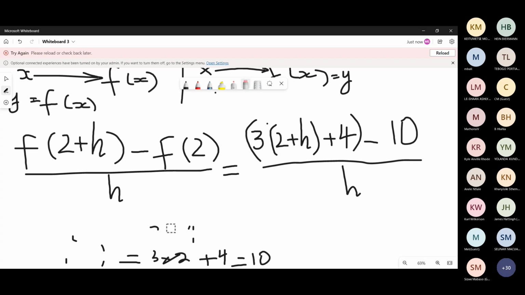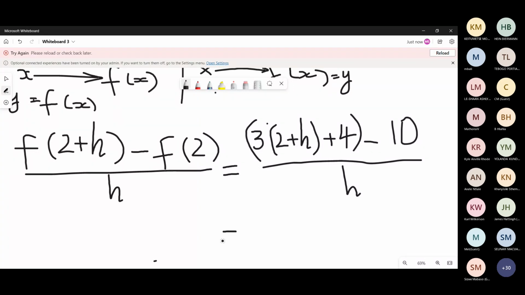Now, who can now compute the difference? Then we can continue as follows. Okay, good. Now we have the following.